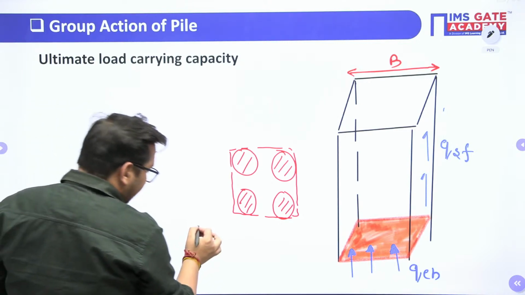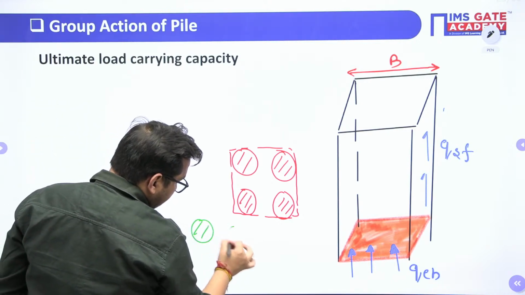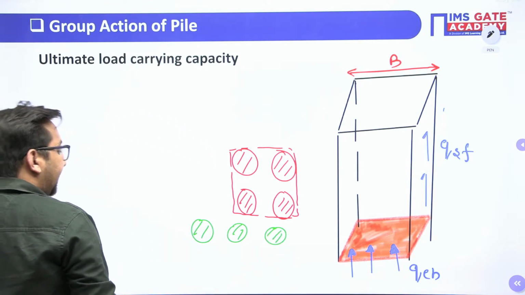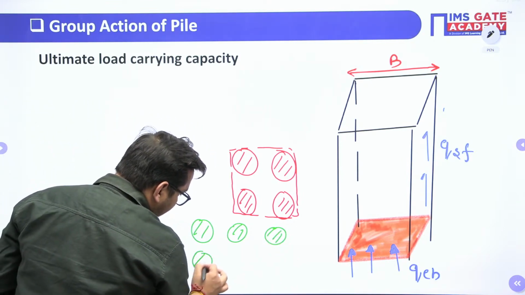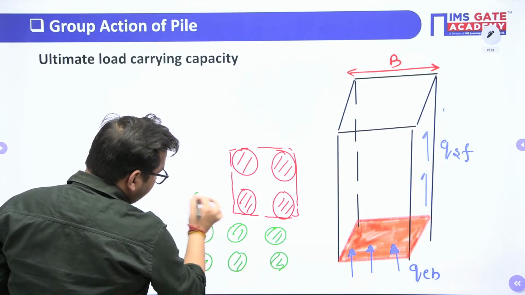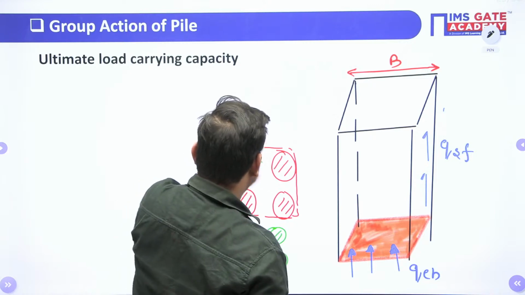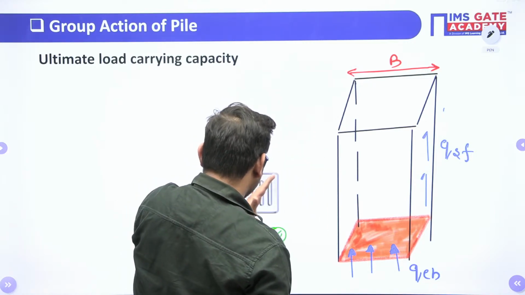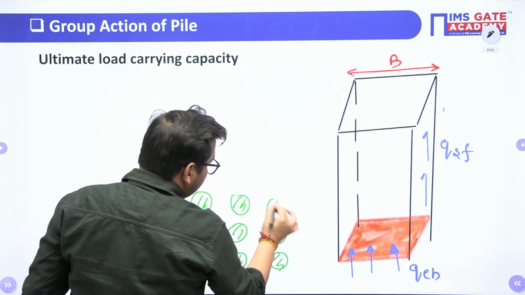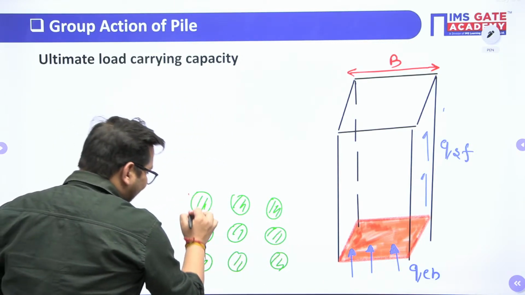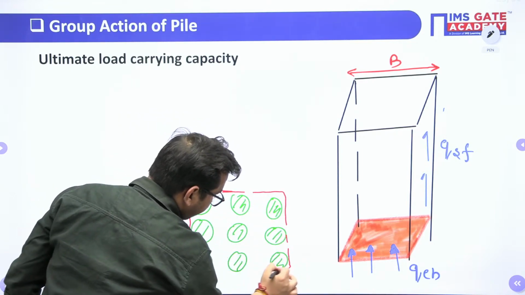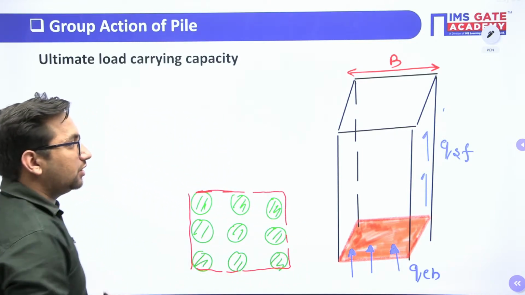Similarly, let's suppose in a row there are 3 piles, so definitely there will be 3 columns also. So this is what we are saying, that the pile group is made in a square fashion, right?